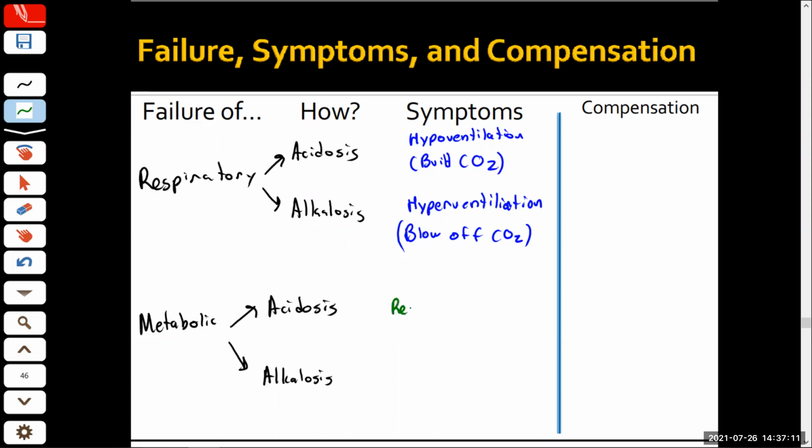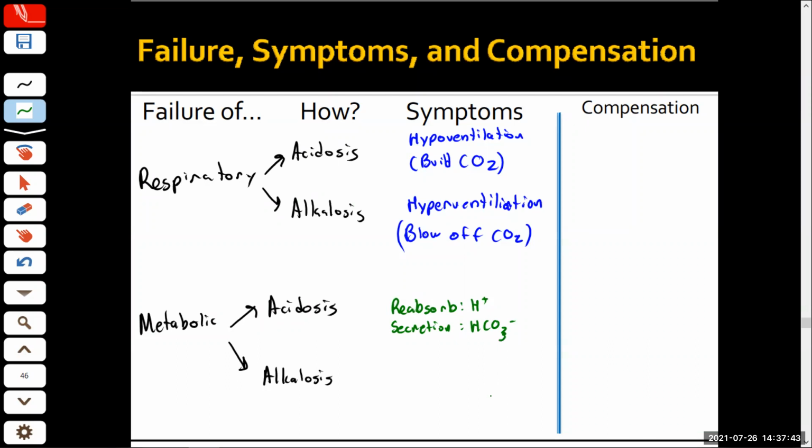So that means I am reabsorbing protons, putting all of those protons back into my blood, making me acidic. What am I peeing too much of? Bicarbonate. I am peeing out my base. I am keeping all my acids that will make me acidic.